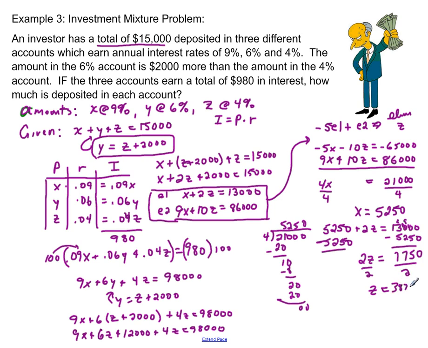Okay, and then of course if we use our second equation, y is equal to z plus 2,000. So all we have to do is add 2,000 to this to get our other investment. So y is equal to 5,875.